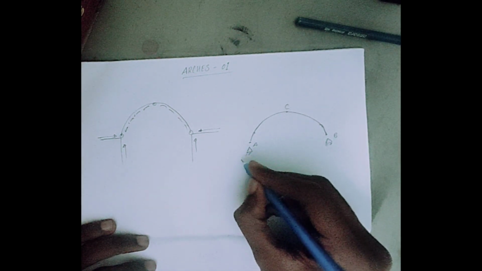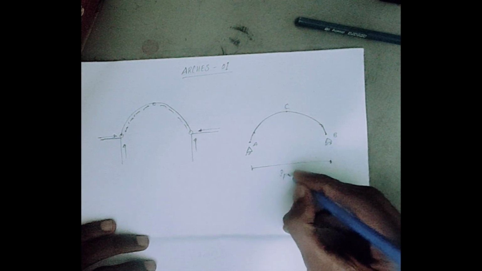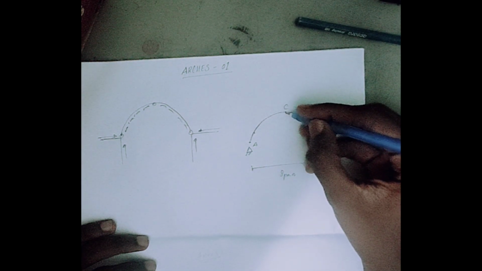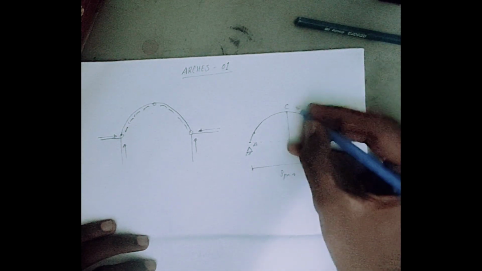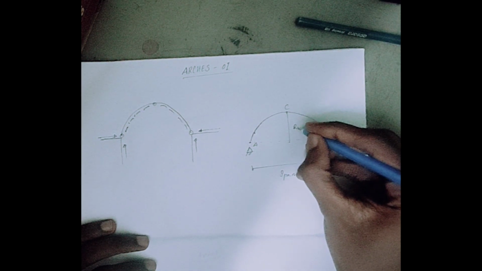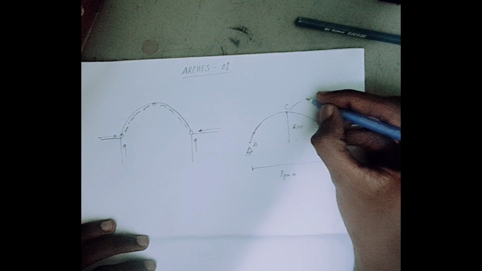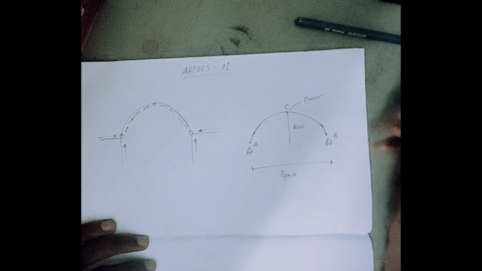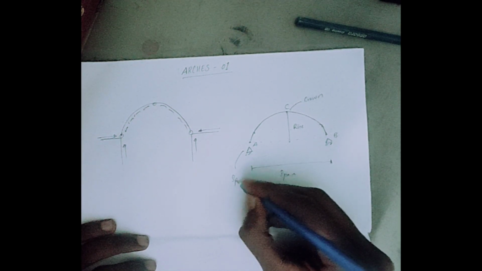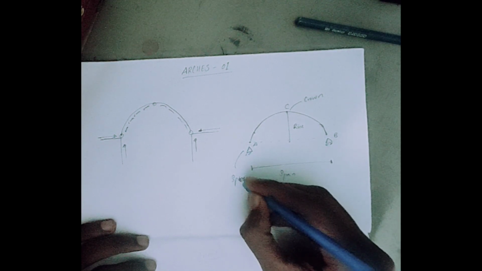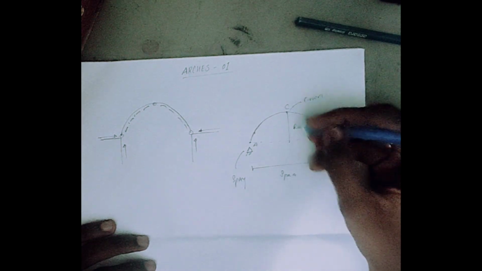This length from A to B is called span, and this length, the imaginary line you see here, is called rise. And this point C is termed the crown, and these are called supports or springing. It's also called the central rise.